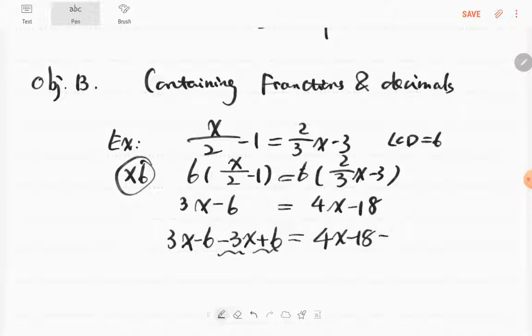So after, oh no, I made a mistake. First, just try to do minus 3x for both sides.